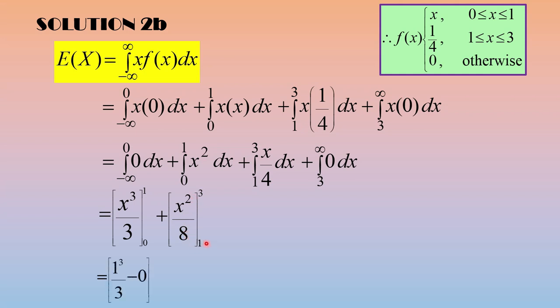Then we substitute the value of 1 minus 0, plus we substitute the value of 3 and minus 1 over 8. We have 4 over 3. This is the value for the expected value. Therefore, E(X) is equal to 4 over 3.